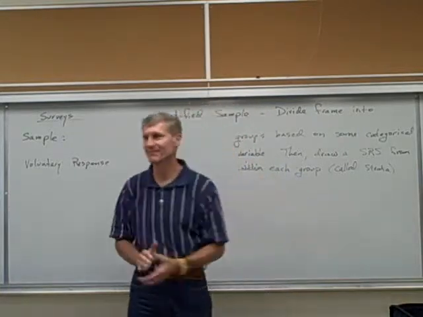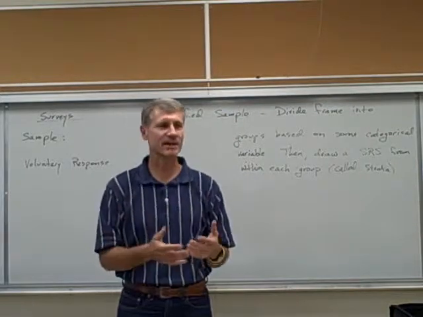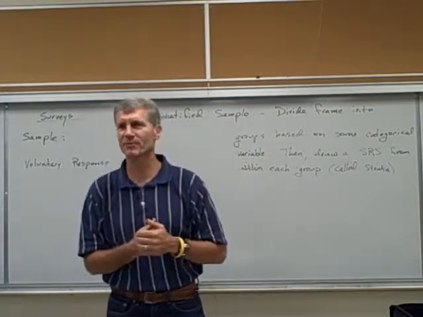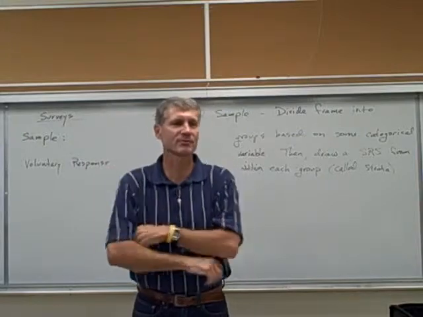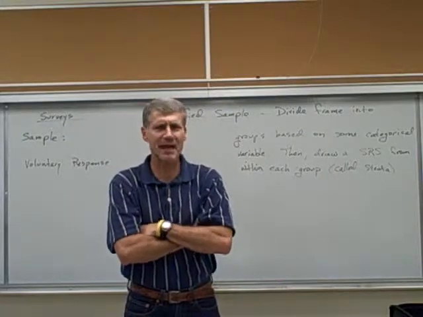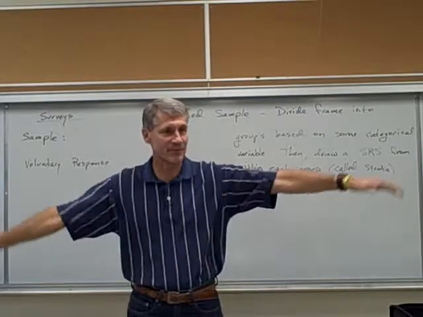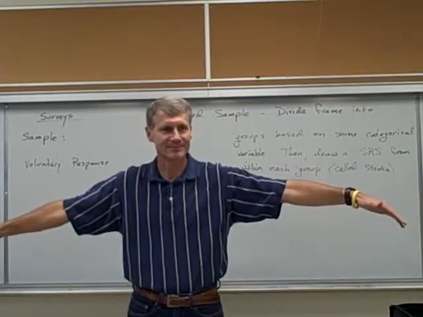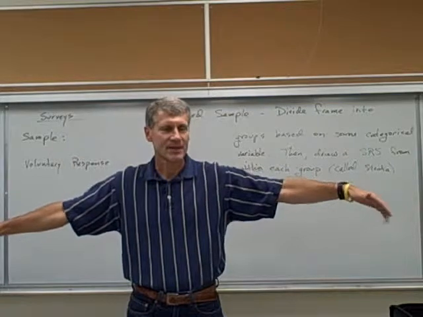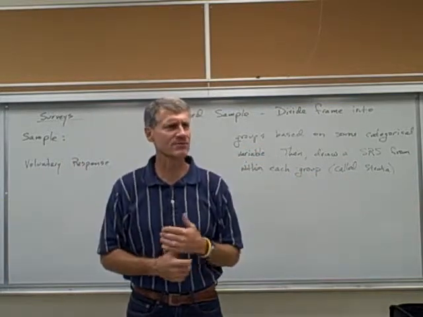Right? That's my theory. So if I take a simple random sample, say, well, I'm going to study 5 people from this room. If I take a simple random sample, what could happen? Could get everybody from the front of the room. I could get everybody from the front row, right? If I do a stratified sample, how would I do that?